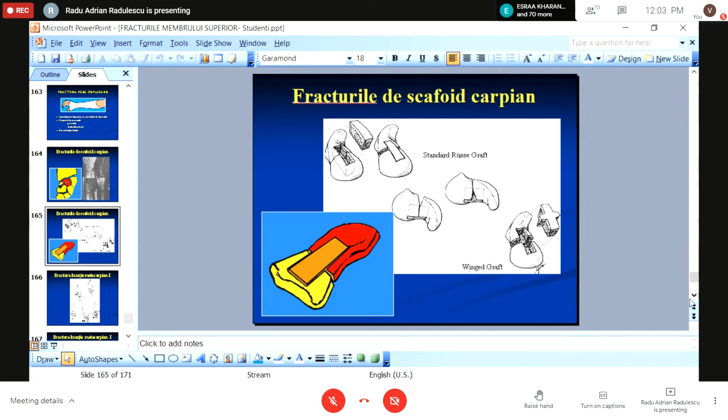So no matter that this bone is so small, it may provide big problems in union, and the patient may get a painful wrist due to the non-union of this bone.